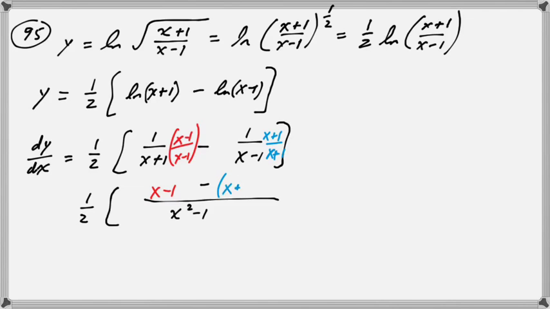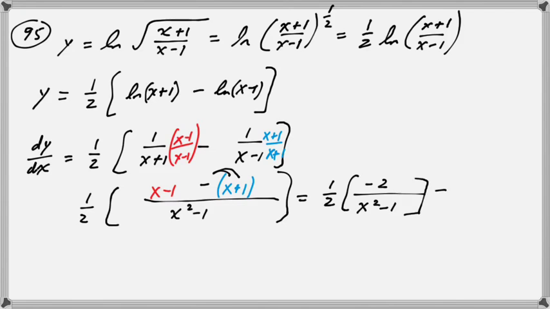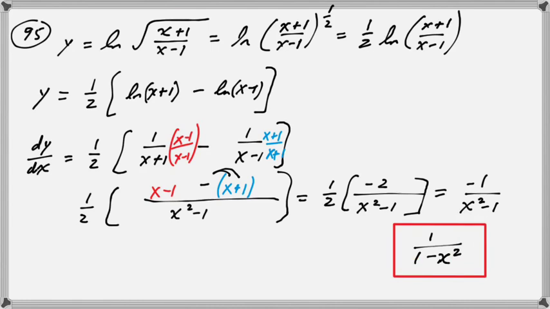Don't forget to use parentheses when you subtract. X and a negative x is 0. Negative 1 and a negative 1 is a negative 2, right? So you have a negative 2 over x squared minus 1. Could the 2's cancel? Could the negative be used to reverse the subtraction? I think your answer could be written in any of these last couple forms.